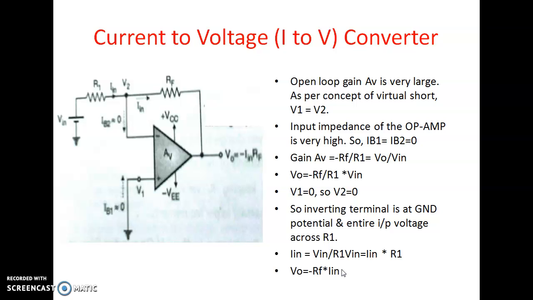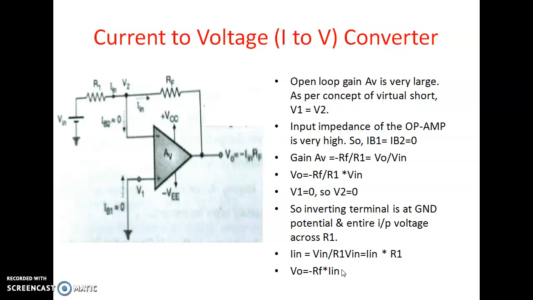But high value resistances tend to be less stable, and the sensitivity can be increased without using very high value resistors by using a resistive T network in the feedback path.